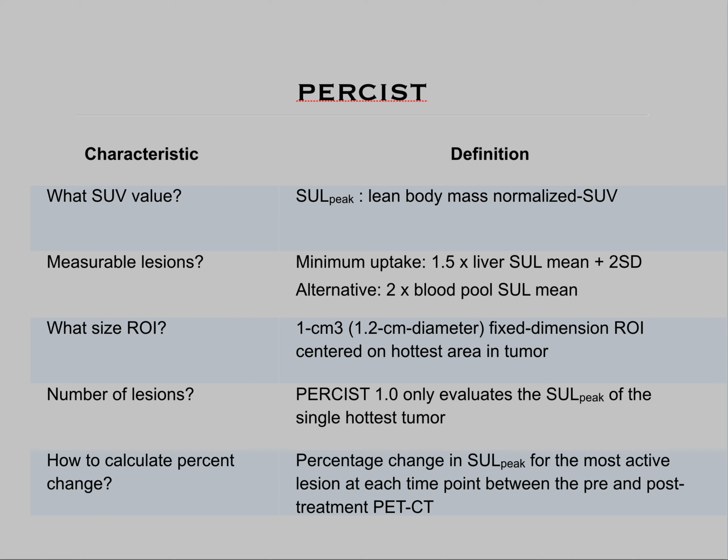And in terms of assessing number of the lesions for response, proposed using the single hottest tumor, although this still needs to be validated in large research trials. And Dr. Wahl proposed using 30% as the response cutoff for both partial response as well as progression, and of course, new lesion would be considered progression.